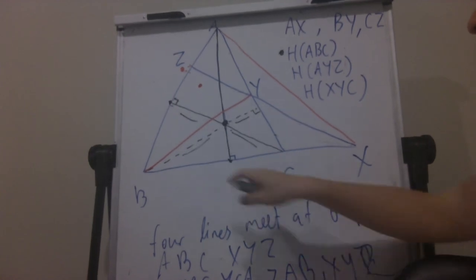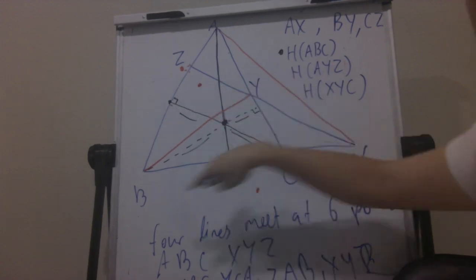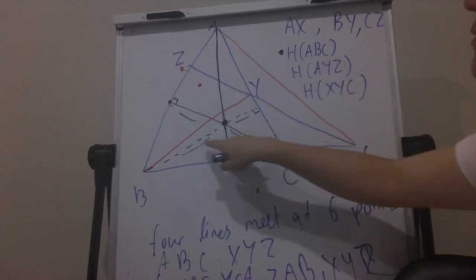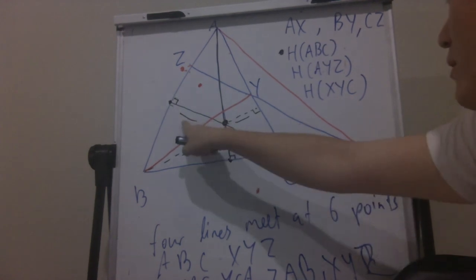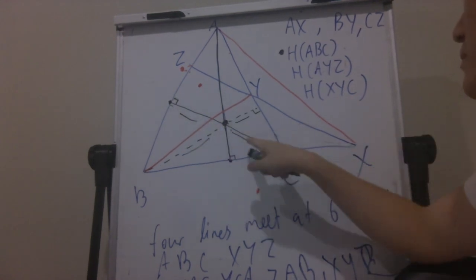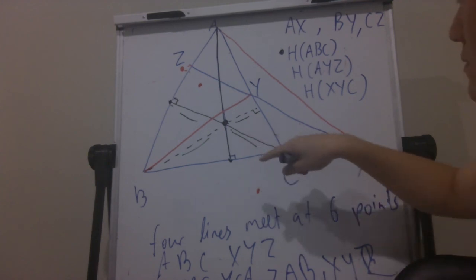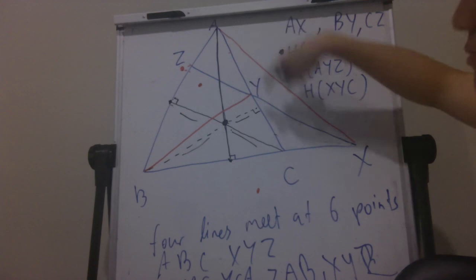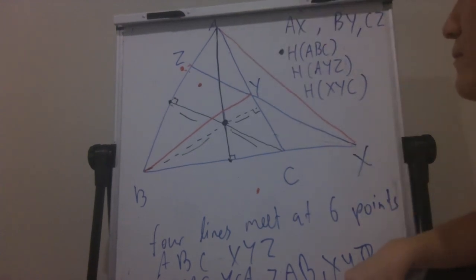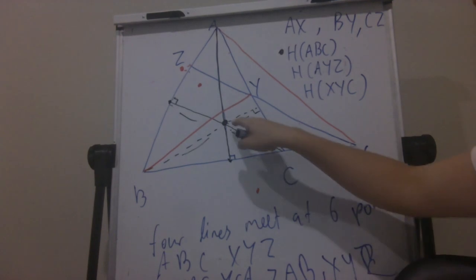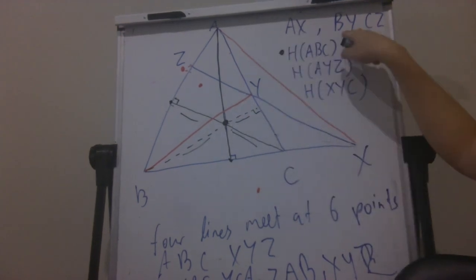So this times that is the power of this point with respect to the BY circle. And this times that is the power with respect to the AC circle, but it's the same as for the AX circle. So the point lies on the radical axis of the diameter AX and BY circles.